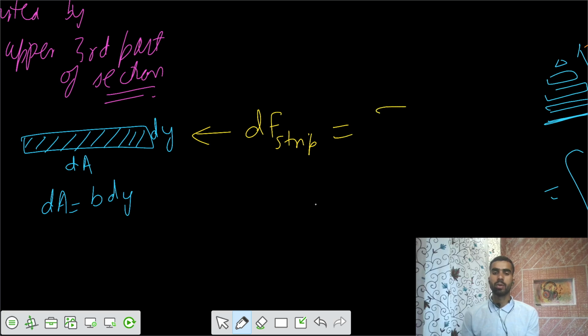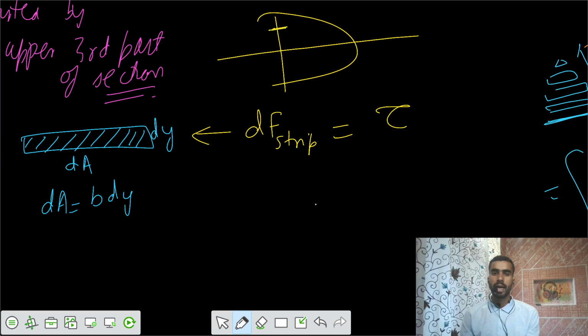That force would equal the shear stress it can resist at that particular location times dA. We have the variation of shear stress, and at that particular element we can have some shear stress.